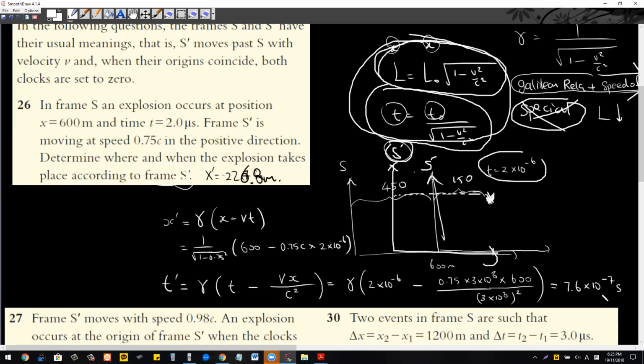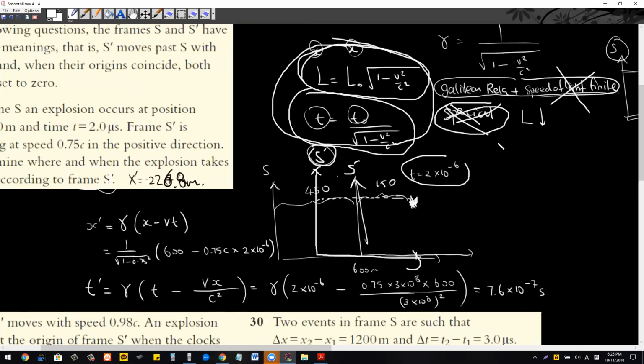It takes a shorter time. Even if we ignore special relativity but take the speed of light as finite, this time will still be less than this time here.